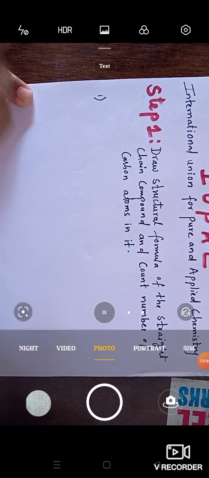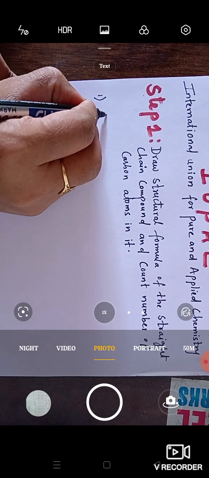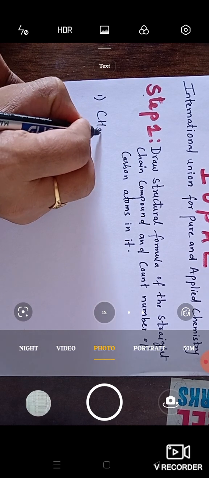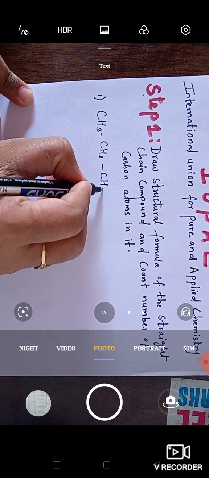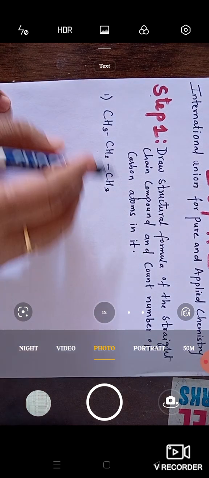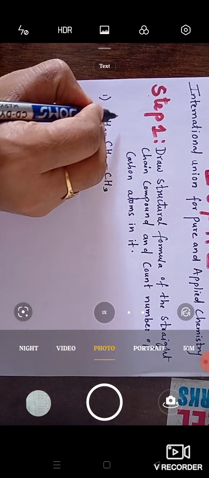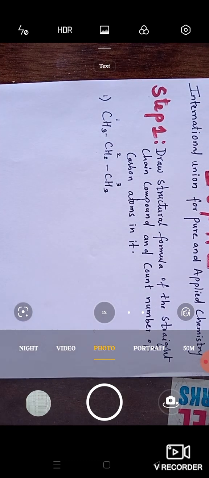For example, if the structural formula is CH3, CH2, CH3, this is the structural formula in a straight chain compound. Here we will count the number of carbon atoms: 1, 2, 3. There are 3 carbon atoms.